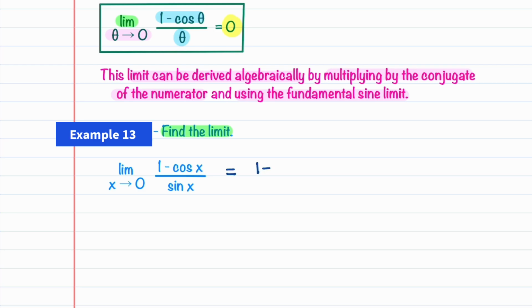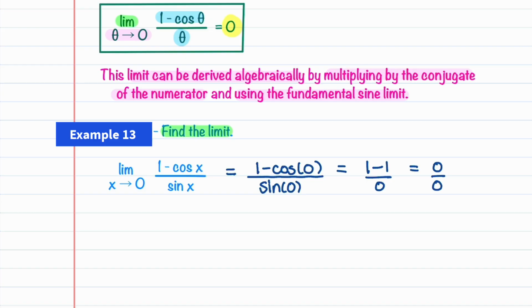So we have 1 minus cosine of 0, all divided by sine of 0. Cosine of 0 is 1, so we have 1 minus 1 over 0, which gives us the indeterminate form 0 divided by 0.